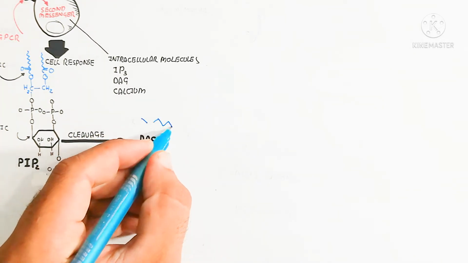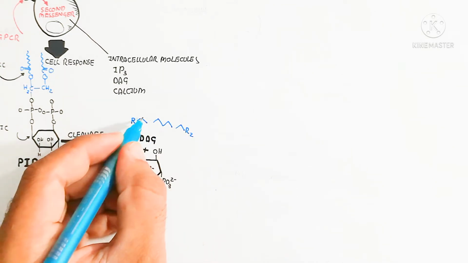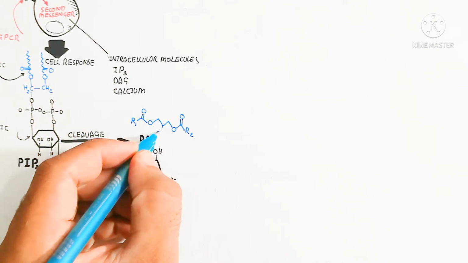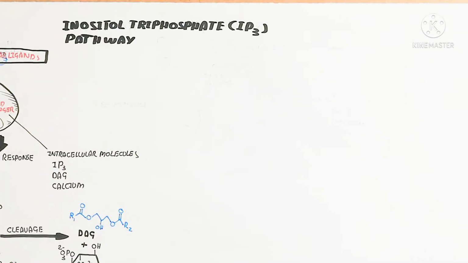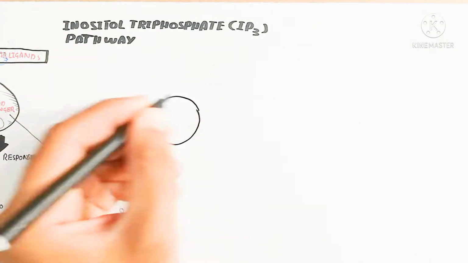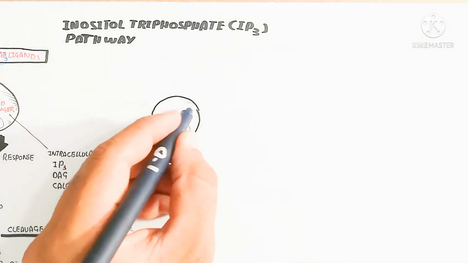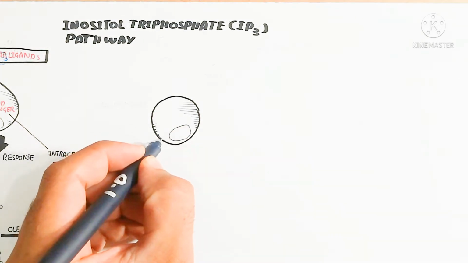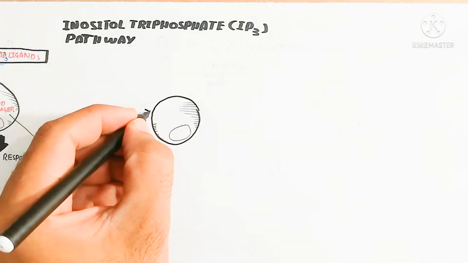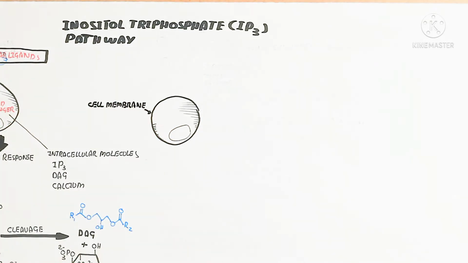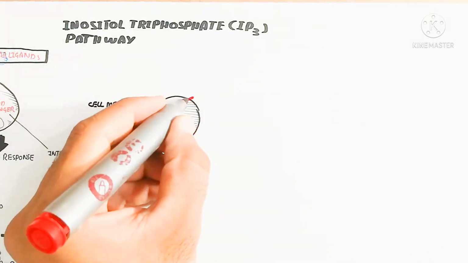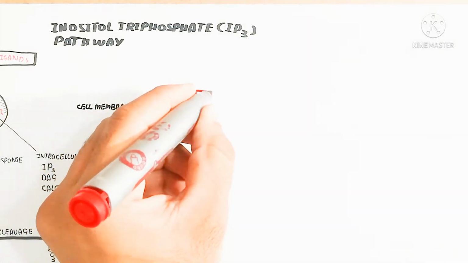So here is the DAG formation and IP3 formation. These secondary messengers will play an important role in the maintenance as well as the catabolism and anabolism in the cell intracellularly. So there are different responses.